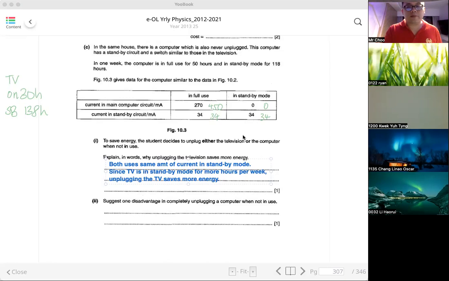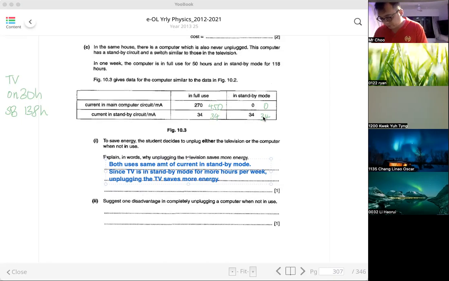Both of them use the same standby current.